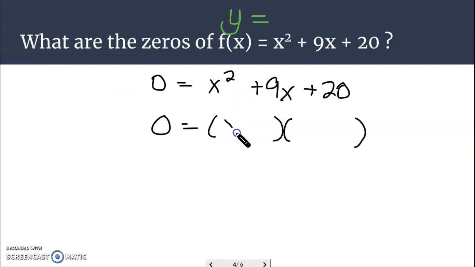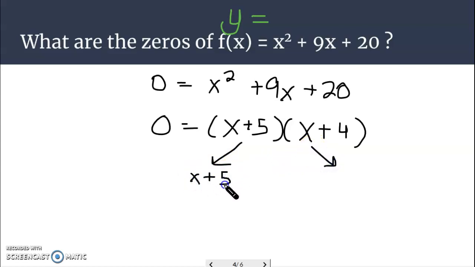And we would say, we'll put an x here and an x here, 4 and 5 do the trick. 5 times 4 is 20, 5 plus 4 is 9. And then we're solving these two equations by setting them equal to 0. X plus 5 equals 0. X plus 4 equals 0. X equals negative 5. X equals negative 4.